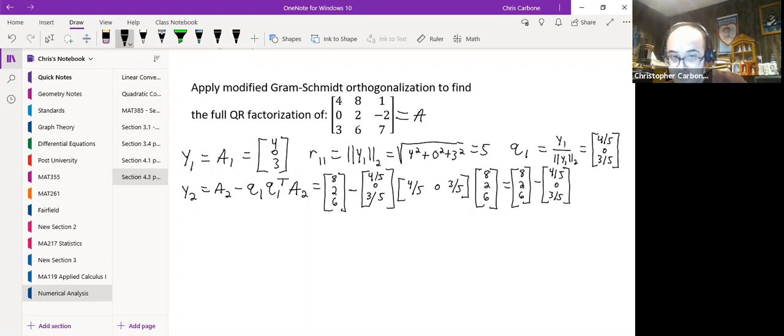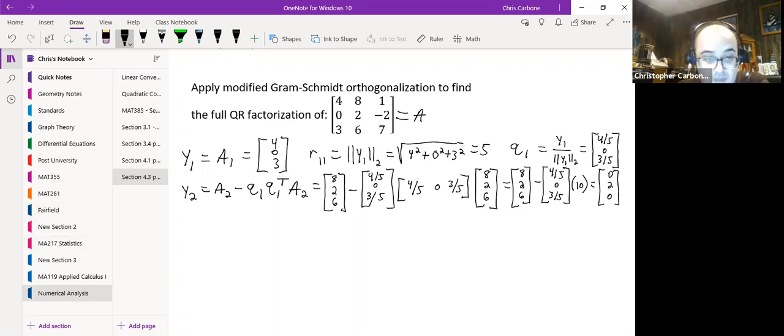When we multiply these two vectors, we obtain the number 10. So now 8 minus 4/5 times 10 gives 0. 2 minus 0 times 10 is just 2, and 6 minus 3/5 times 10 gives another 0. And that's our value of y sub 2.